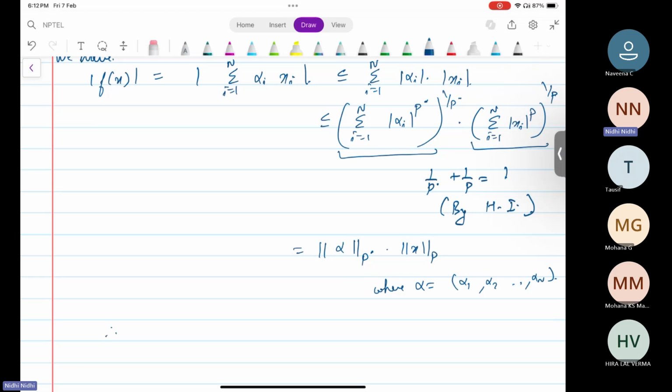So this tells us modulus f(x) is less than or equal to the p star norm of alpha times the p norm of x for every x.